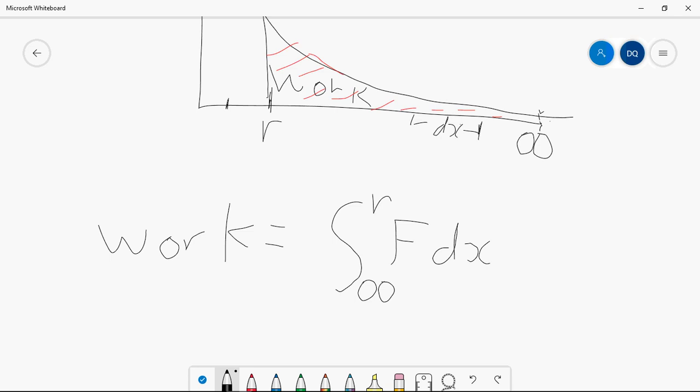That dx is the width of the rectangle, and then f is the height of the rectangle. And when you multiply them together, that's what's happening here, f times dx, we're multiplying to get the area of our rectangle. So the f dx is the area of the rectangle. And this symbol here means let's add up our infinite number of infinitely narrow rectangles, and that's going to give us the area under this curve, which we call the work due to gravity.